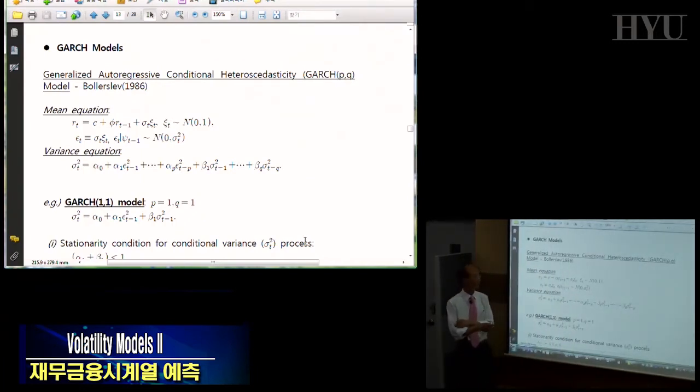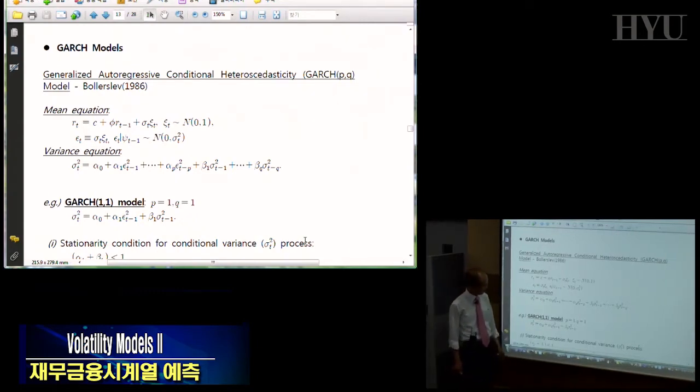But for many financial time series of our interest, usually p and q are set equal to 1. You don't need many lags to model, let's say, stock return. Usually 1 works very fine. So if you say GARCH(1,1) model, generalized autoregressive conditional heteroscedasticity, long name, and if you assume p and q are all 1s, then you can simply write it this way. Okay?